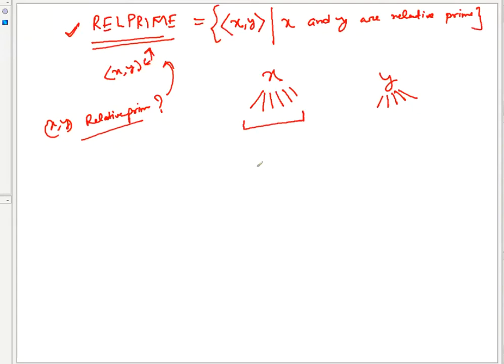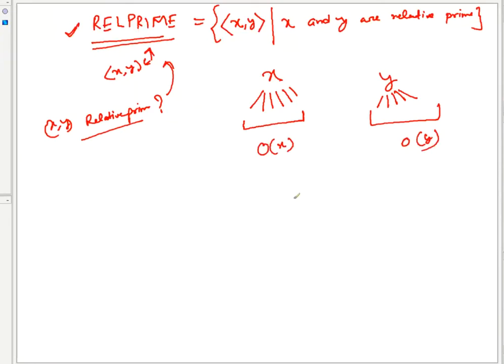How many steps will it require to find all possible factors for X and Y individually? It will be roughly order of X and order of Y, not beyond that, right?